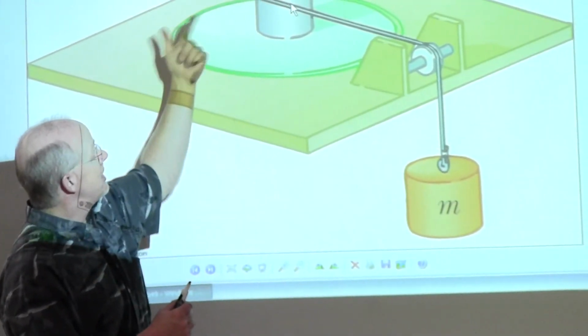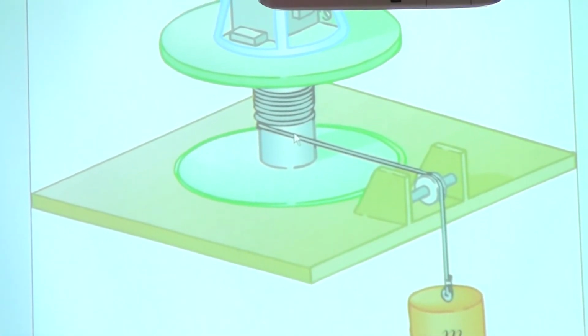The translational kinetic energy is because this one's going to have some of the energy, and the other energy is going to be from that thing rotating.